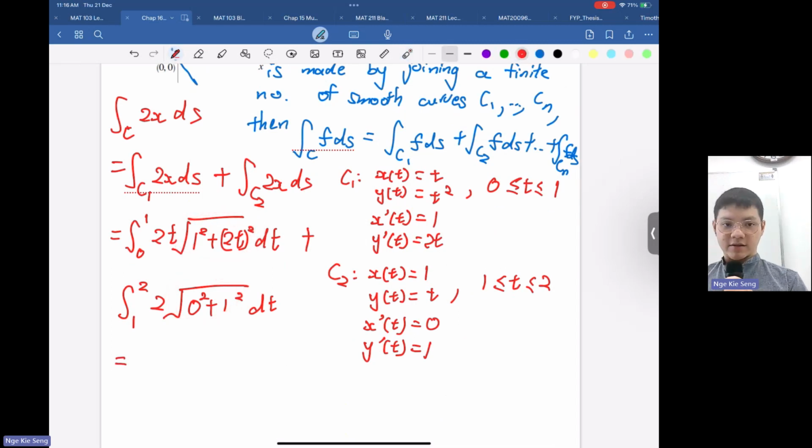Then try and do this integral here. What's this integral? I think you use integration by substitution.